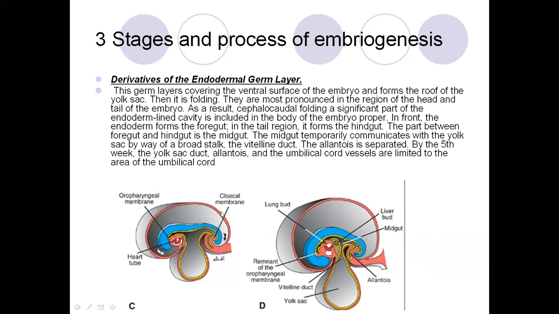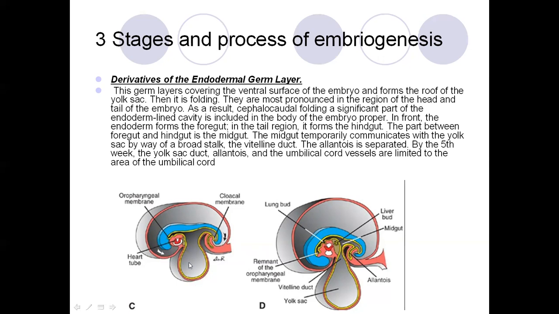The amniotic cavity is located in the upper part above the embryo, and it forms folds from the cephalic region and from the caudal region, from the head and tail of the embryo, and divides the endoderm layer in two parts.